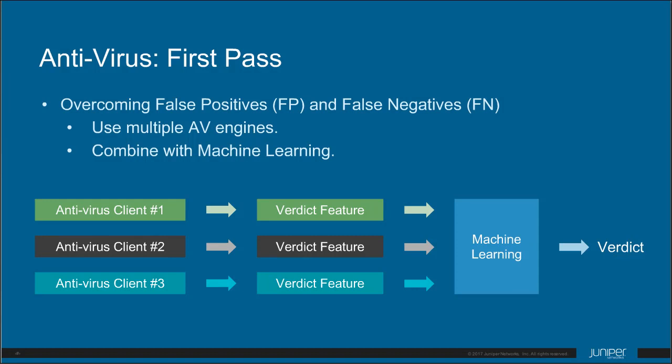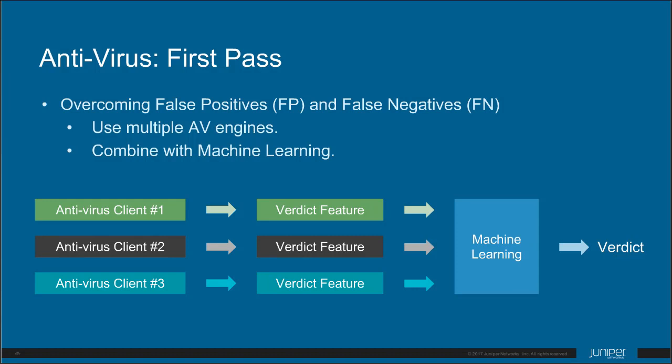Now, when we have all these verdicts coming from different antivirus engines, we put all of them into a machine learning algorithm so that we only take one verdict, and we make sure that we have an accurate result. So we are applying redundancy on the antivirus engines so we can have the real, accurate and precise verdict. This also helps us protect against false positives or false negatives.